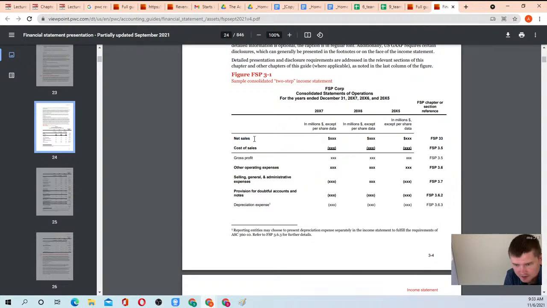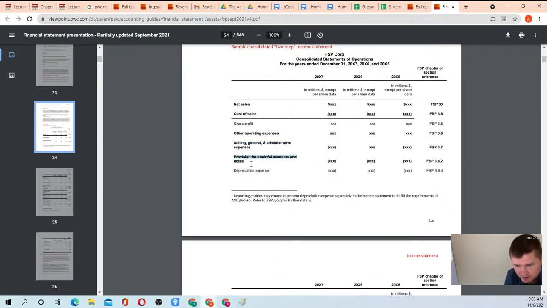So we have net sales here, cost of sales here, other operating expenses if we have something, selling, general and administrative expenses, provision for doubtful accounts, and depreciation expense. Not always: sometimes it can sit in the cost of sales, sometimes it is moved here just to make it easier for the user of financial statements to reconcile non-GAAP measures.